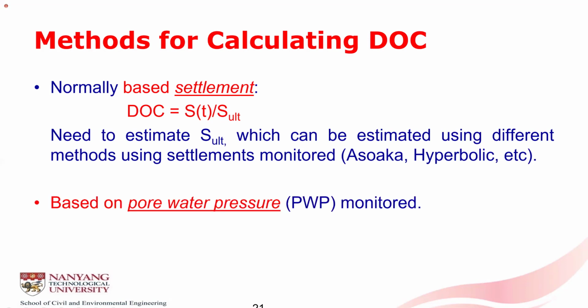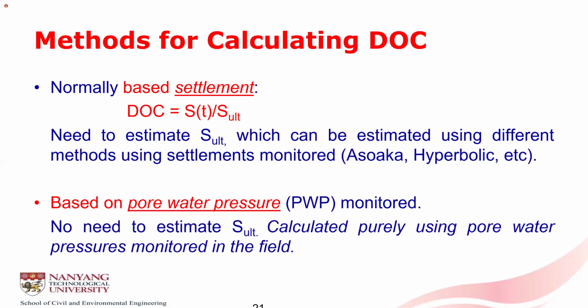Another approach which is not often adopted is to use pore water pressure monitored. And this is not to use the pore pressure measured at a certain location, but to use the pore pressure distribution over the depths. And in this way, we don't have to estimate the ultimate consolidation settlement. So the degree of consolidation can be purely calculated using the pore pressure monitored in the field.